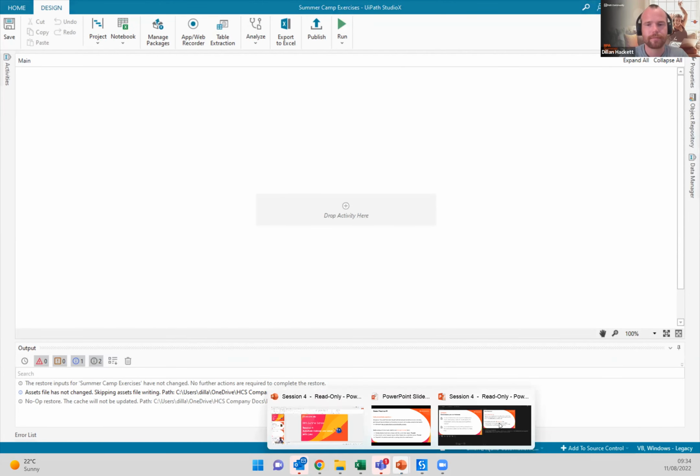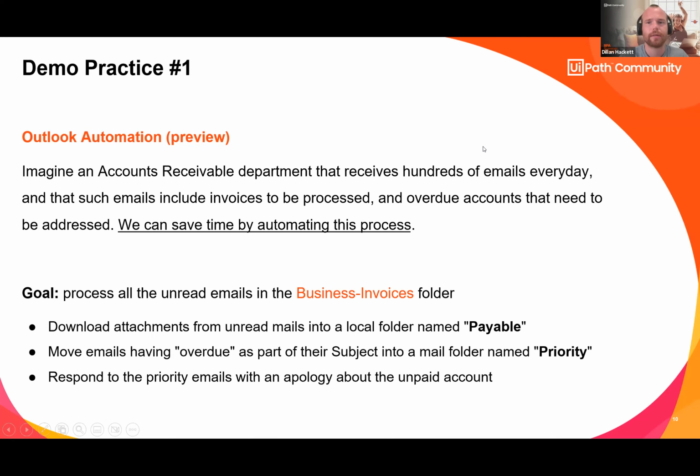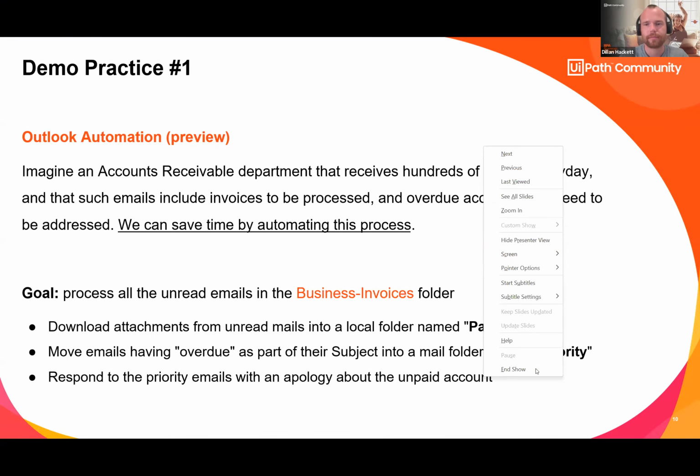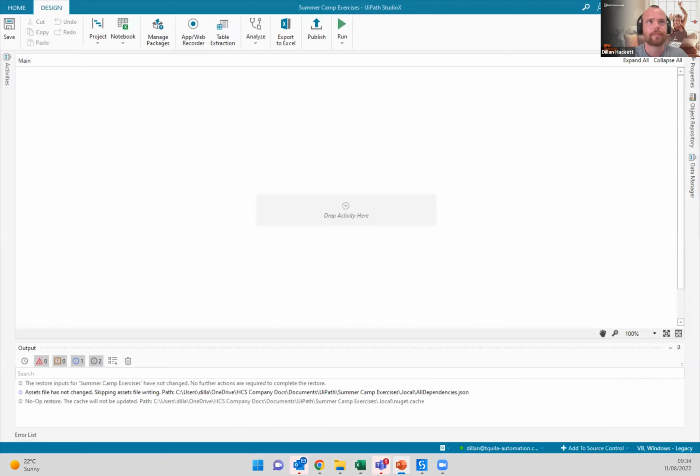Just close down the presentation. There we go. Right, so the first thing we're going to need to do is make a connection through to Outlook for me. If you are using Gmail and you don't have Outlook, do feel free to use the Gmail collection as well, but I will be using Outlook here.